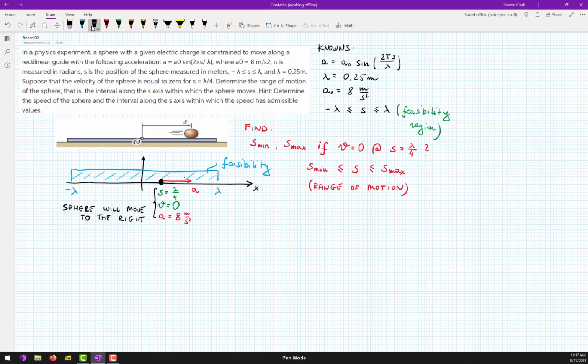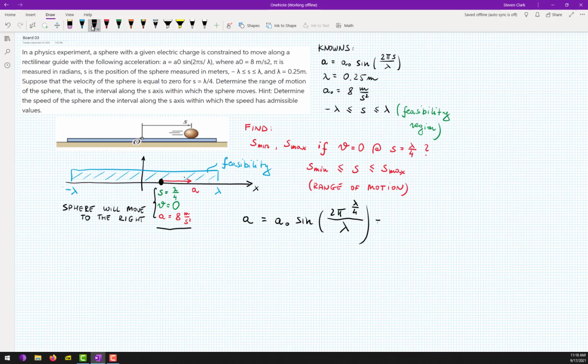So what do we know, first of all? We know that our S in here is lambda divided by 4, velocity is 0, and also we can find that A is equal to 8. Let me show you that it is true. We can take our expression for A0 sine 2 pi S divided by lambda, and instead of S, I'm putting here lambda divided by 4, because this is where we are.